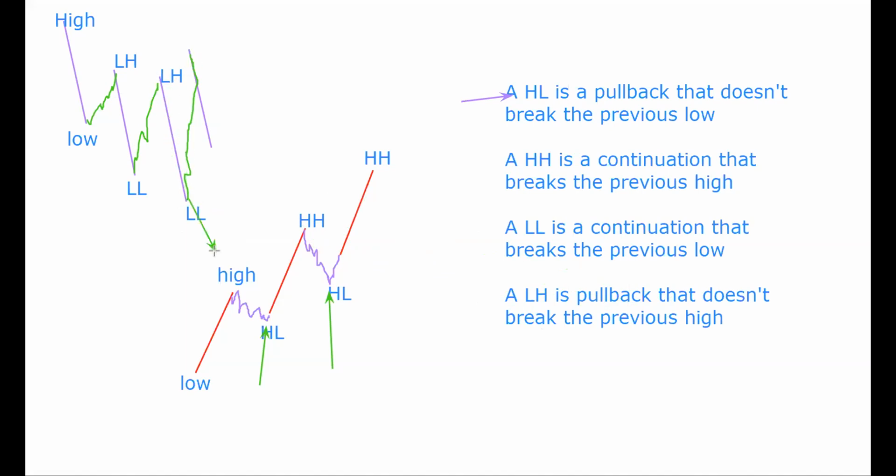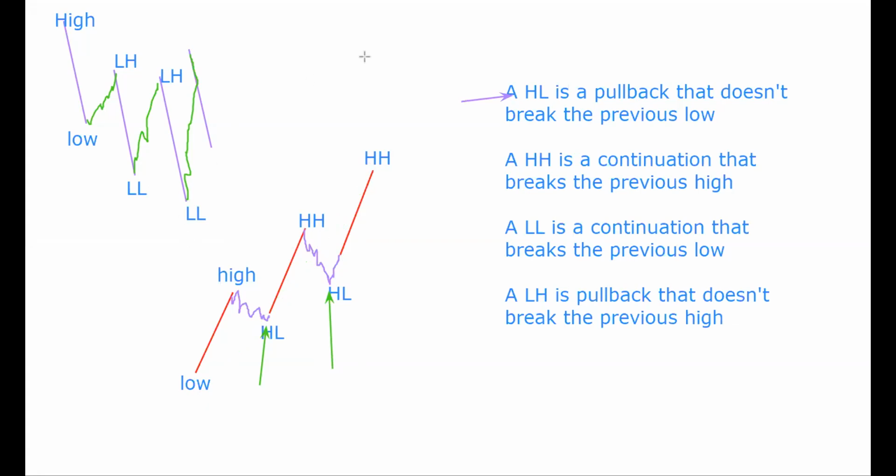And what's that? A higher high is a continuation that breaks the previous high. So this automatically becomes a higher high. And this is where we begin to talk about changes of structure. The markets can change from an uptrend to a downtrend just by breaking the previous regarded structure.